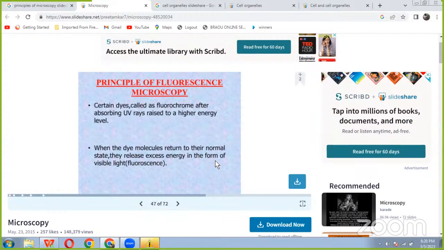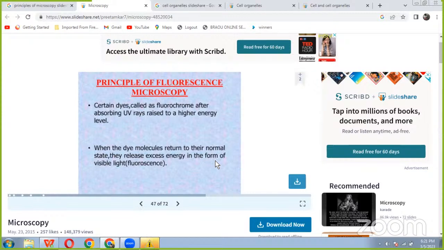We'll discuss how the fluorescence microscope works. The principle of the fluorescence microscope is that light energy of lower wavelength, such as UV rays, is absorbed by the specimen, which emits longer wavelengths.